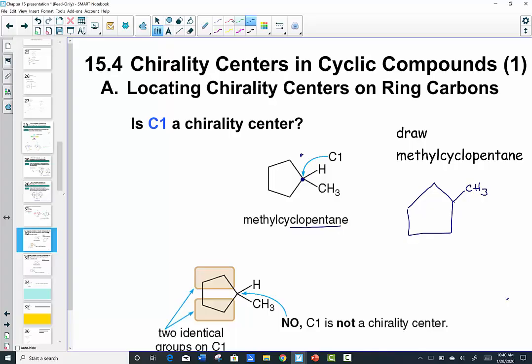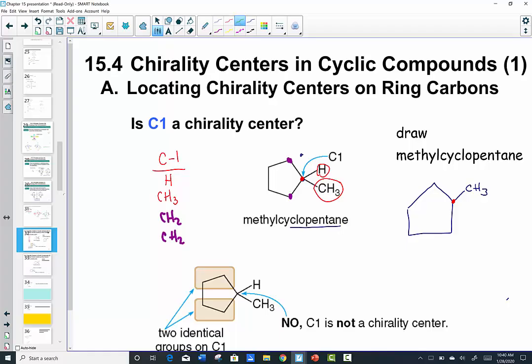Well, I can check this carbon right here. If we said C1, I can see one of the 4 attachments is a hydrogen. I can see the second of the 4 attachments is a methyl. Let's keep going to see if we find a point of difference. Along the ring structure, what I've colored in purple are the same. It's a CH2. So I have a CH2 in both directions so far. No point of difference.